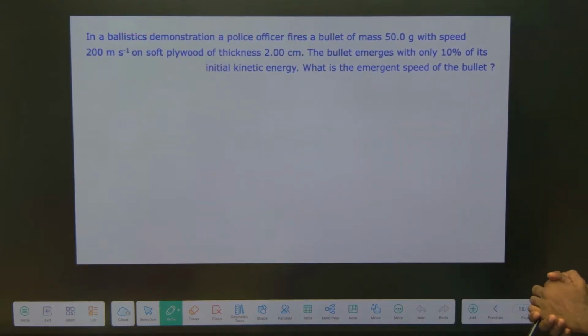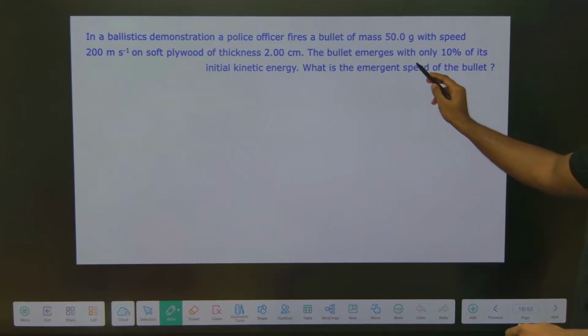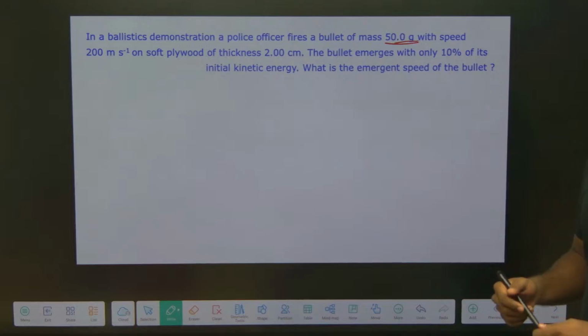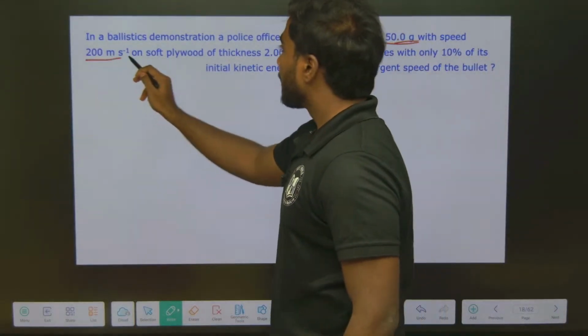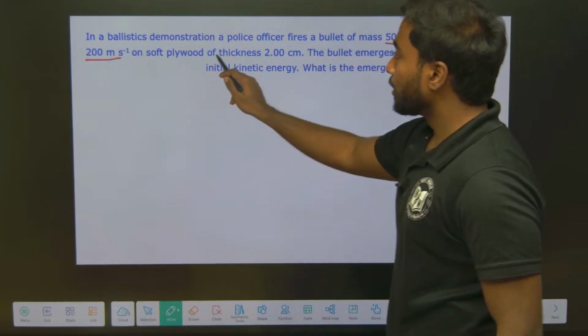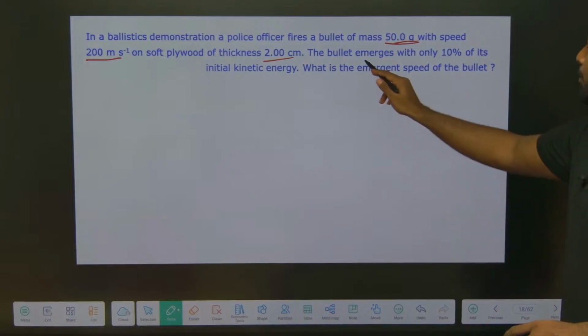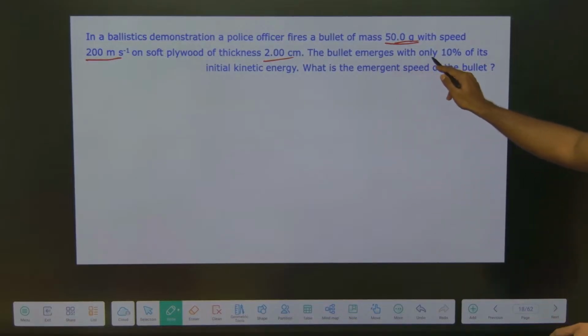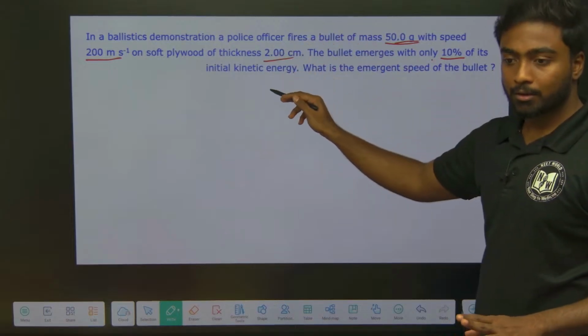In a ballistic demonstration, a police officer fires a bullet of mass 50 gram with a speed of 200 meter per second on a soft plywood of thickness 2 centimeter. The bullet emerged with only 10% of its initial kinetic energy. Got the point?